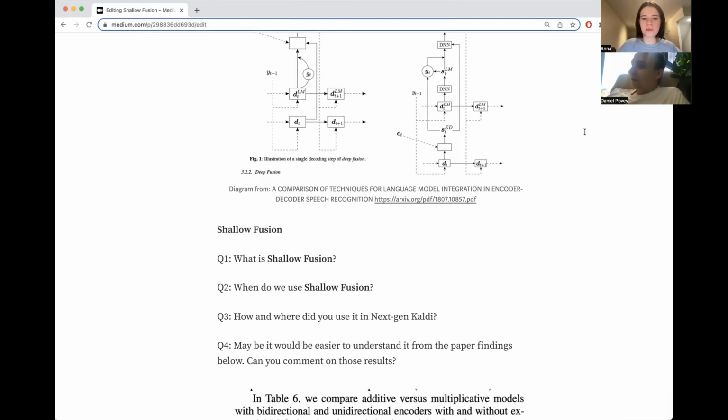Well, shallow fusion is a thing that we use in certain decoding algorithms. If by Next-gen Kaldi we mean Icefall, it has a lot of decoding algorithms.